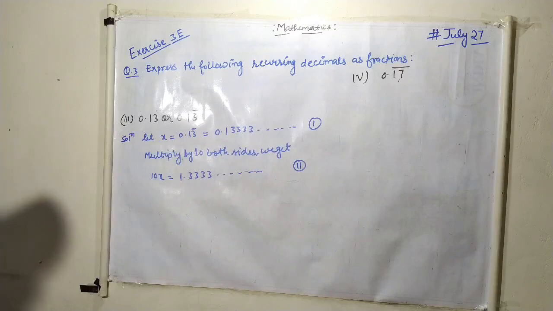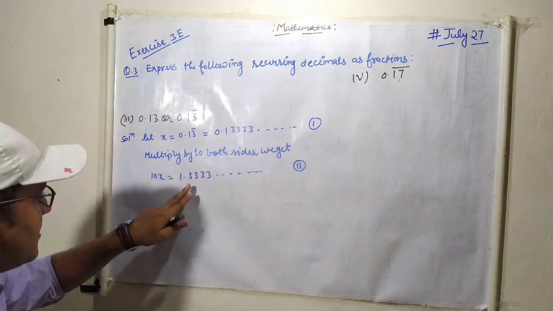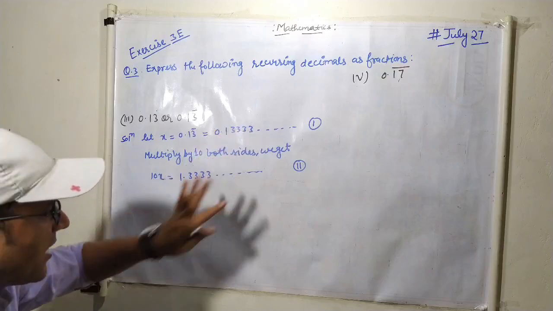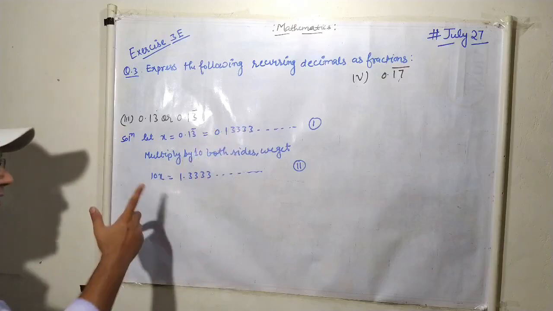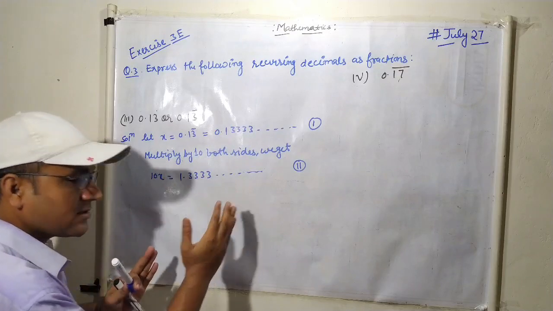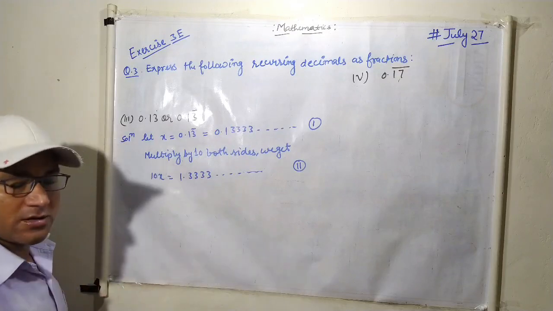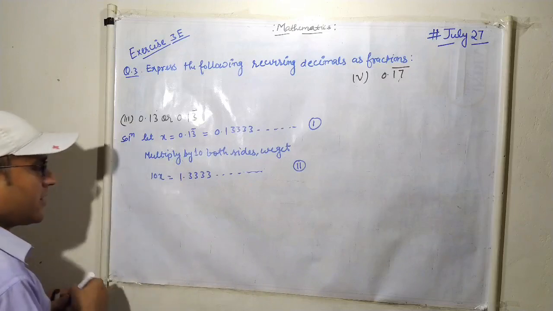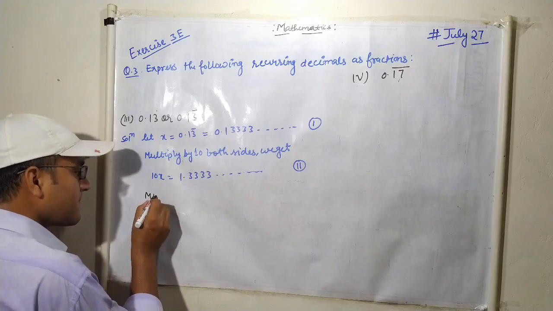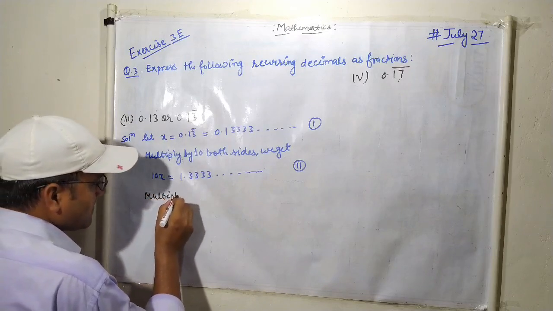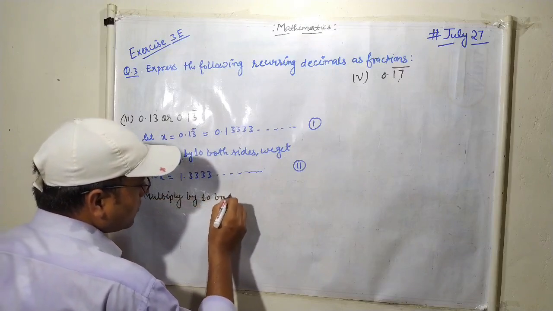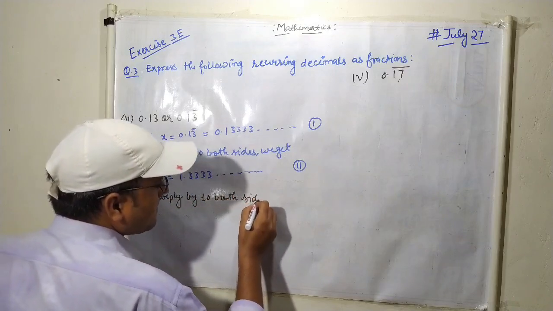Again you can see this, here is 1.3 repeating, here is 0.3 repeating. Both are unequal, so you cannot subtract this one. Again you will multiply with 10, so you can make both decimal parts equal. Then after you will subtract those equations. Okay, so multiply again by 10 both sides.